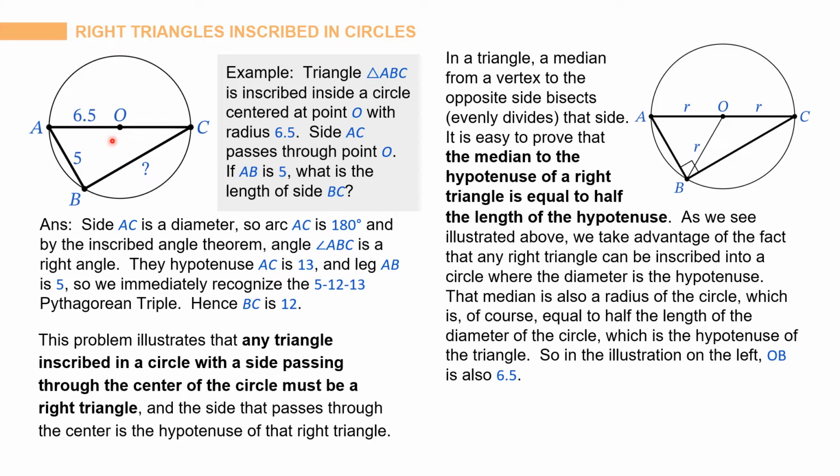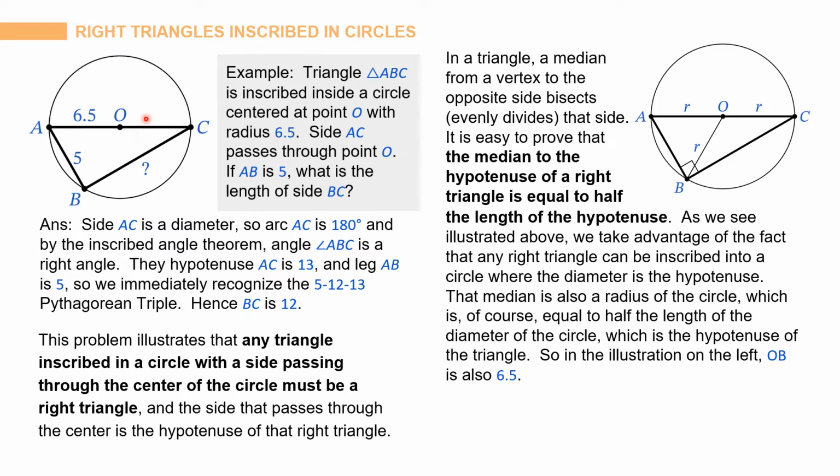Because AOC is 180 degrees, and inscribed angle ABC is to the same two points, A and C, inscribed angle ABC is half of central angle AOC. So by the inscribed angle theorem, angle B here is 90 degrees. So this is a right triangle. One side is 5, and the other side is a radius plus a radius, so 13.